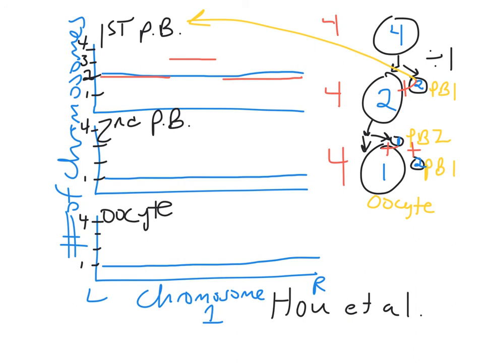So if the second polar body just has 1 complete copy of chromosome 1, no extra, no missing, you should be able to predict what we're going to find when we look at the DNA content of the oocyte. Should there be missing?